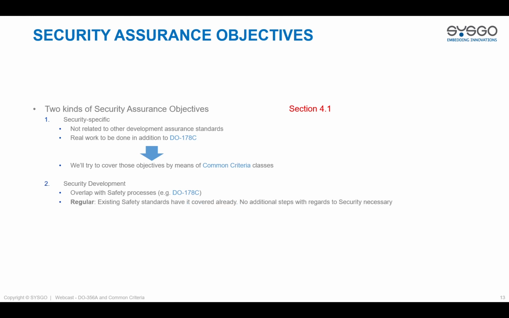The first one are regular, which means there is nothing to add to existing safety standards. It's all the same. And then they are partly augmented, which means some of the objectives listed here have additional security considerations. If possible, we try to cover those additional augmented topics by means of common criteria classes as well. These are listed in section 4.2.